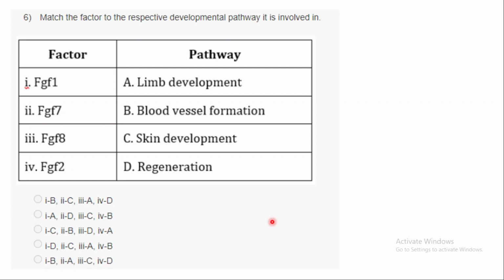Okay, Sakshi has answered option 4, which is 1D, 2C, 3A, and 4B. Okay, let's see. DCAB is what Sakshi is answering. Ajay and Simontini, will you be able to answer?